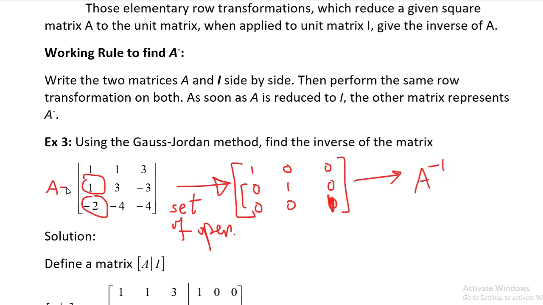If this is my A, instead of doing it turn by turn, what we do is write these two matrices side by side. We write a matrix A, and with it we also write the identity matrix. We write them together. Now whatever operations I am performing on A, automatically they will be performed on identity.